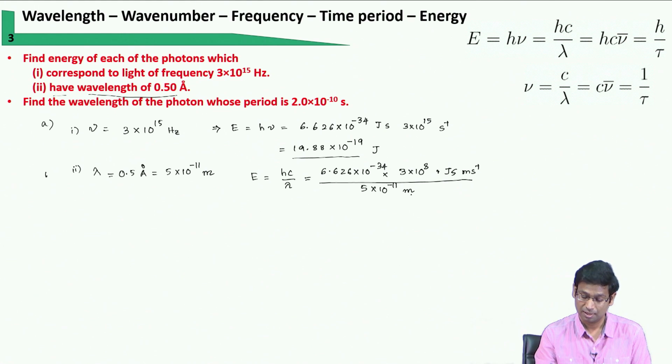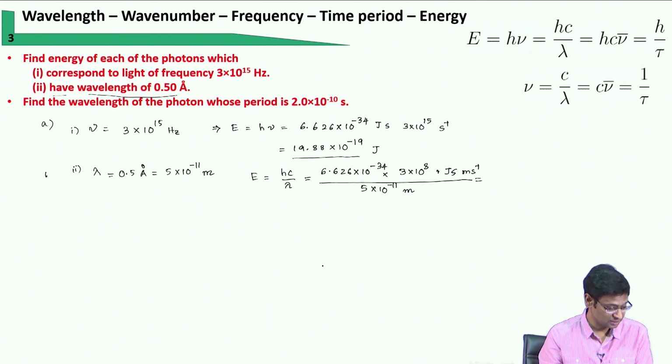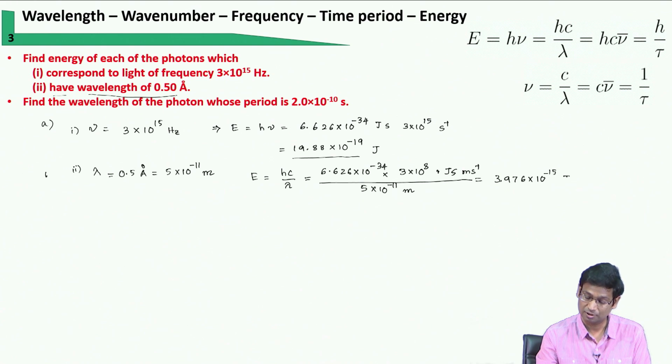Second inverse cancels out, meter cancels out, and I am left with joules, which is the correct unit of energy. If you do the numbers, you would get 3.976 into 10 to the power minus 15 joules. So, this is the energy.